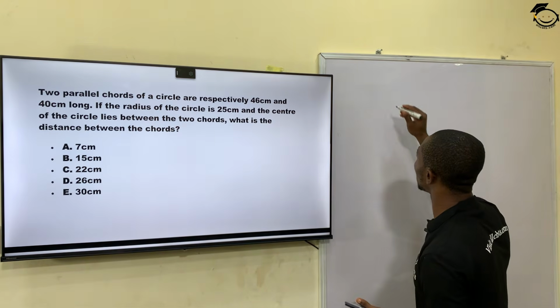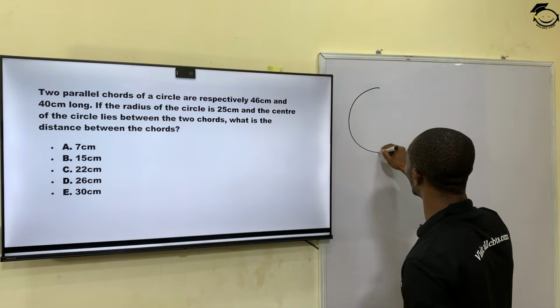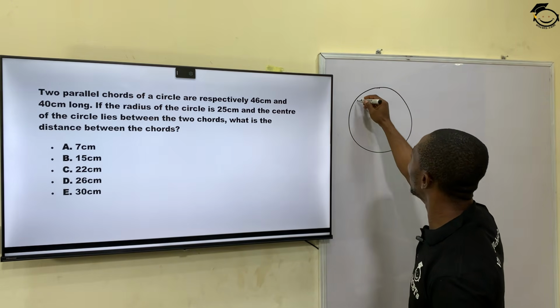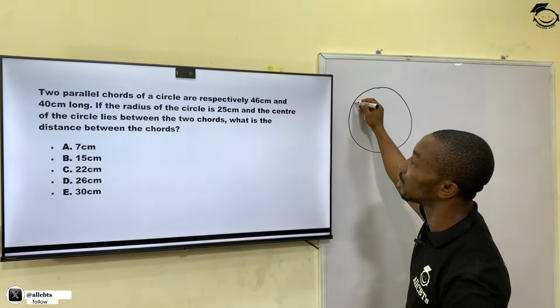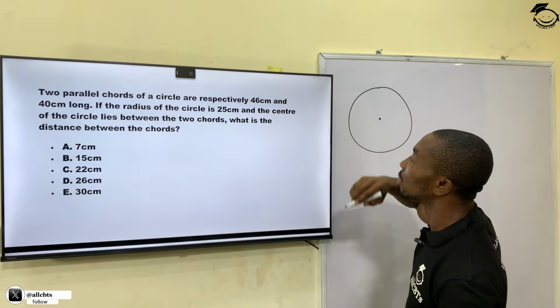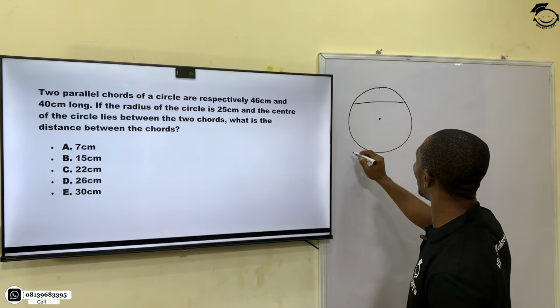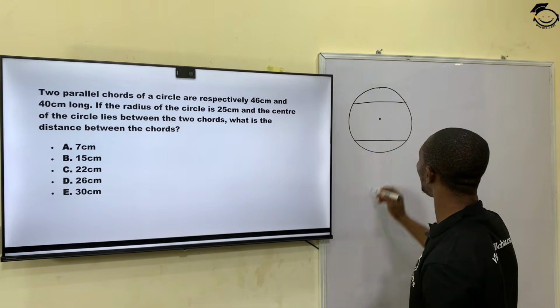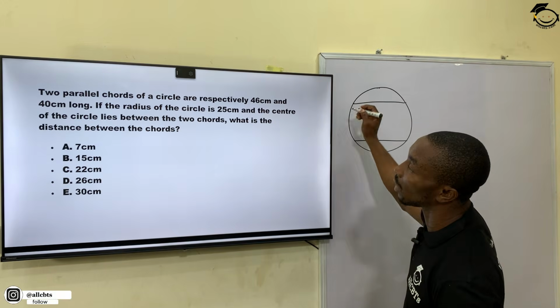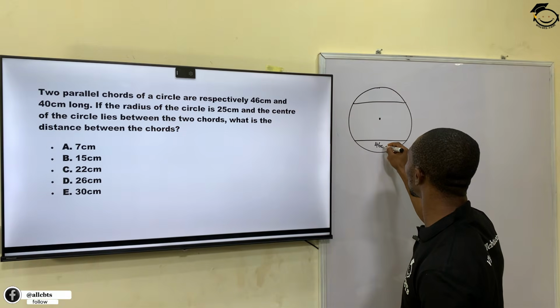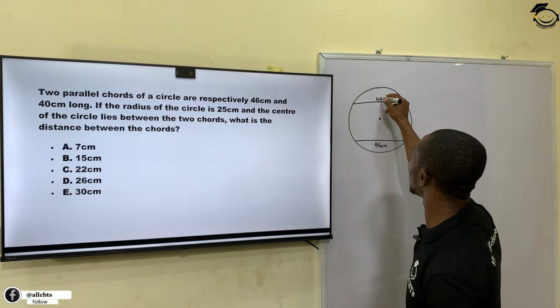Now, representing this in a diagram, if we have a circle, all right, this is our center of circle. Now, they said two chords are parallel, okay? So we have the first chord here, and we have the second chord here. Now, if the first chord is 46 cm, let's call this 46 cm, and this is 40 cm.